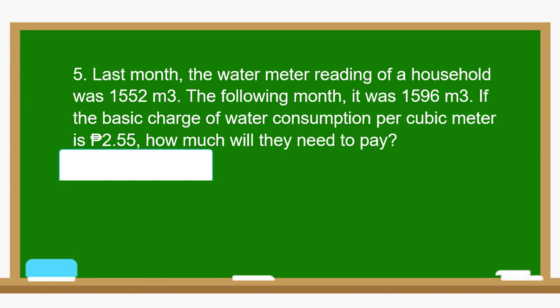If the basic charge of water consumption per cubic meter is 2 pesos and 55 centavos, how much will they need to pay? The answer is 112 pesos and 20 centavos.